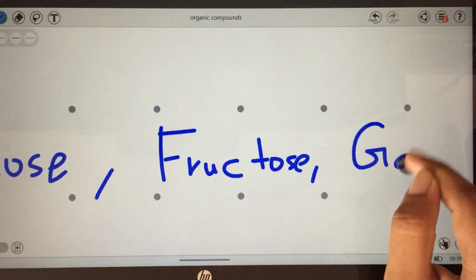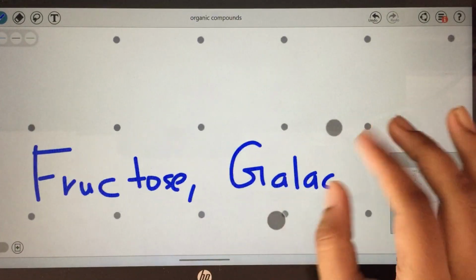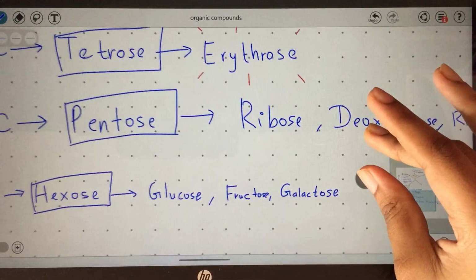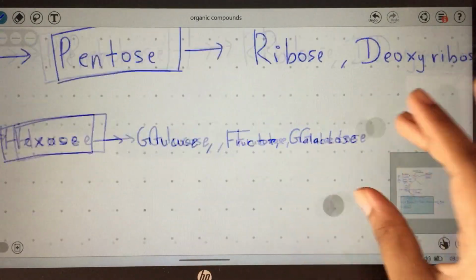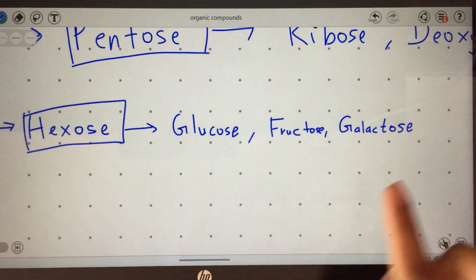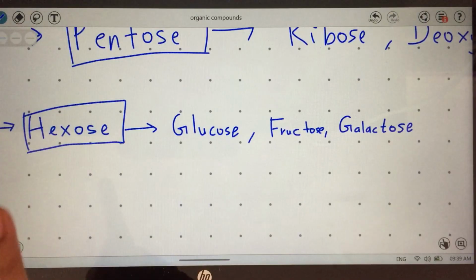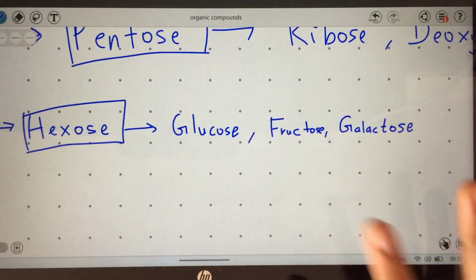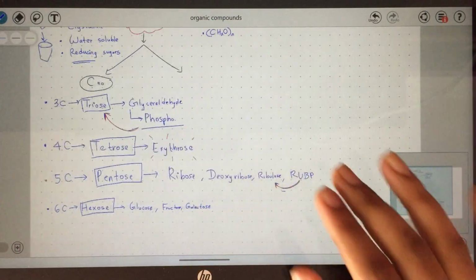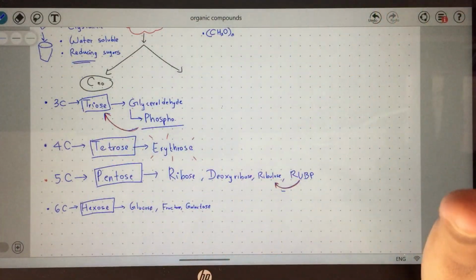Now these three terms are very common. Why? We all know it. You would have heard this many times throughout your science units and all that. So this is not something new, but what is the new thing we are learning? We are learning the common name for it, hexose. Hexose means what? 6 carbon. Okay, so that is about the number of carbon and how you categorize them based on the number of carbon.